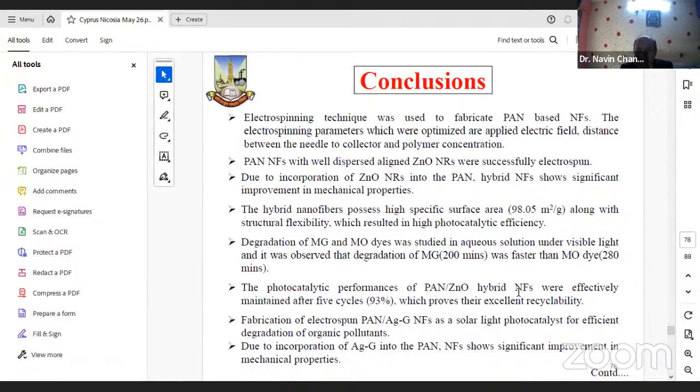When we do this, the hybrid nanofiber possesses a high specific area, that is 98.05 meters squared per gram, along with good structural flexibility, good thermal stability, and good mechanical properties. Considering this, they are very good photocatalysts for the degradation of hazardous dyes and for organic reactions.